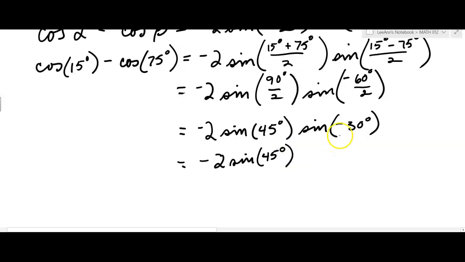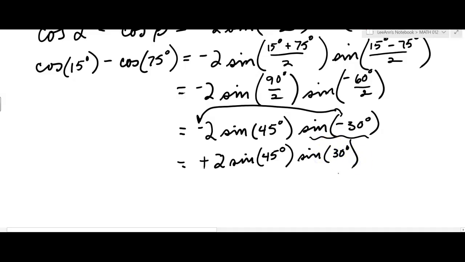Okay, but then you have an identity for when you have a negative angle, right? So it has to do with the even-odd identities. So sine is an odd identity, so I'm going to take that negative sign and bring it out to the front. I'm going to make that now plus 2 sine 45 and make that sine 30 degrees.